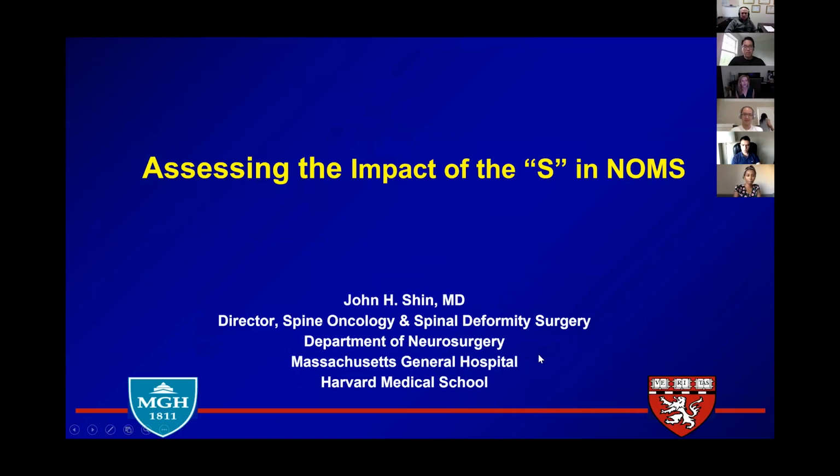Good. All right. So I think Wendy does a really awesome job at highlighting the mechanical aspects and the degree of epidural spinal cord compression, the radiographic aspects of that. But I think that one of the hardest things that we do is assessing the impact of the S in NOMS.